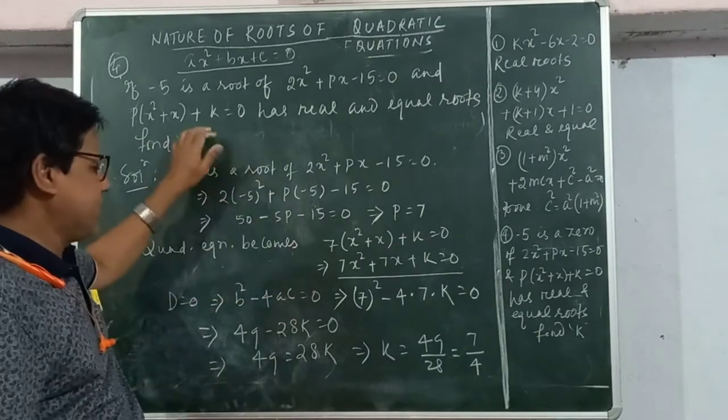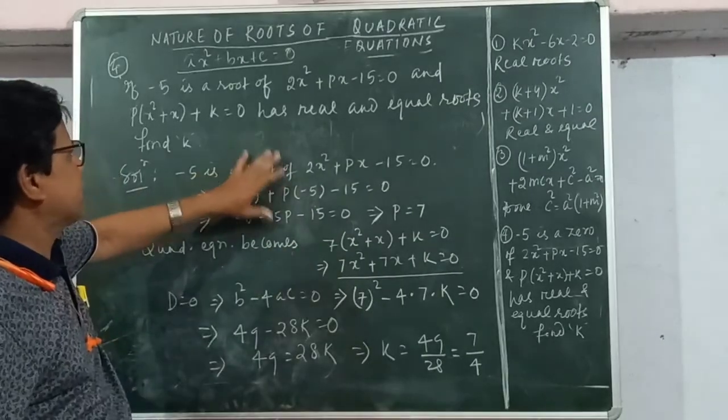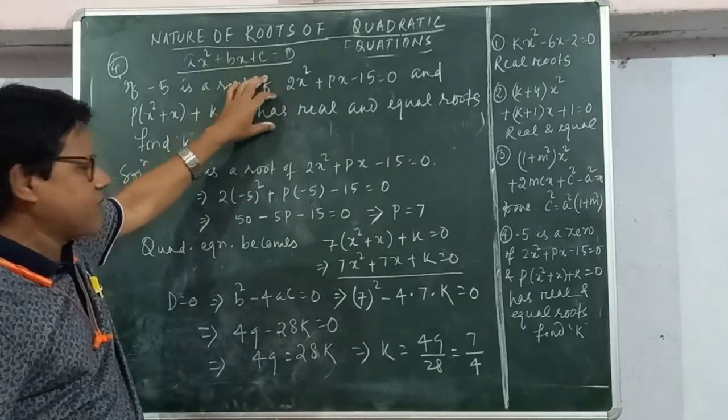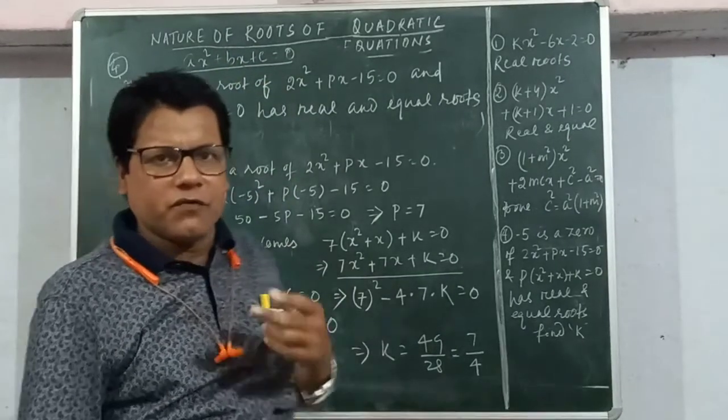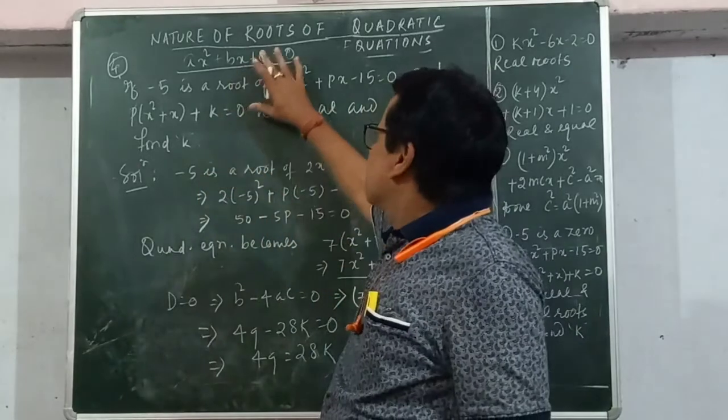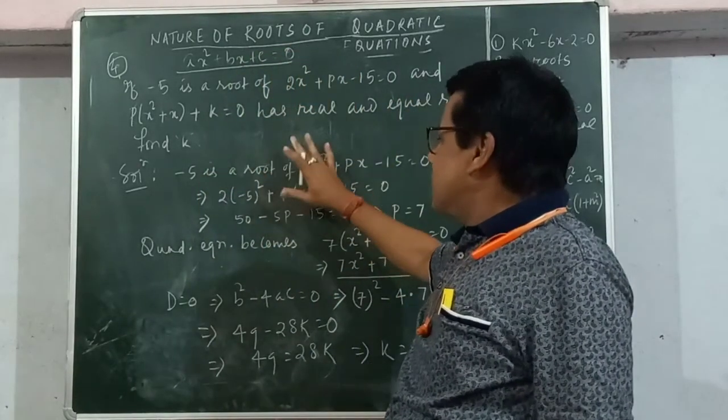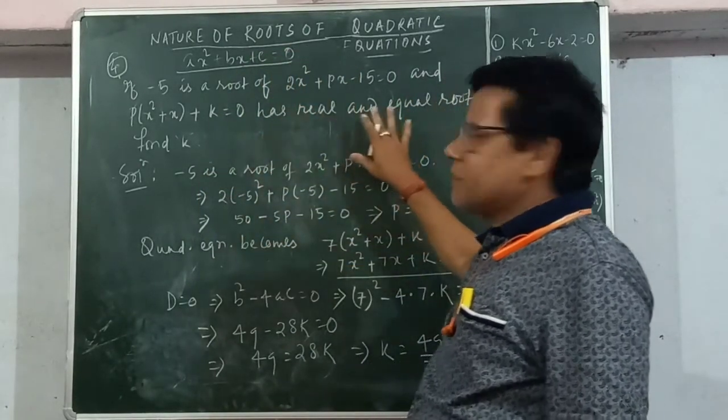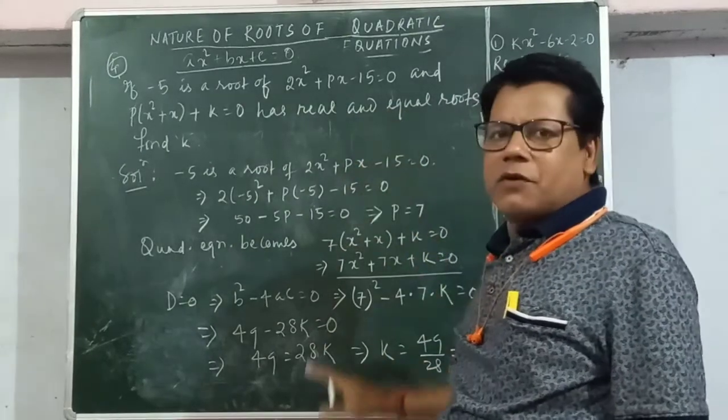Therefore the value of k is 7 by 4. Now there are two steps in this question. From the first step you have to find out the value of p. From the second step you have to apply the nature of the roots to find the value of k.